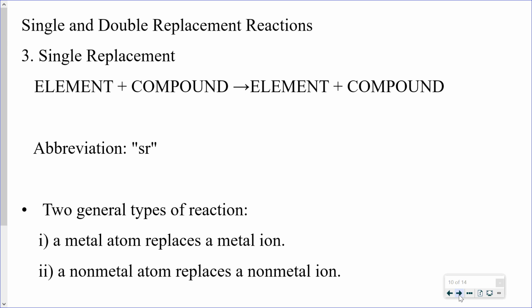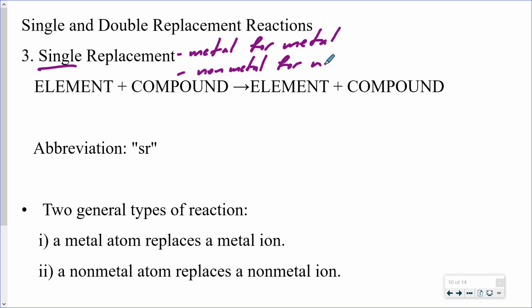So what's going on here? Single replacement, you're exchanging metal for metal, or not quite as common, but it might also be non-metal for non-metal. You cannot exchange a metal for a non-metal. So what's going on?